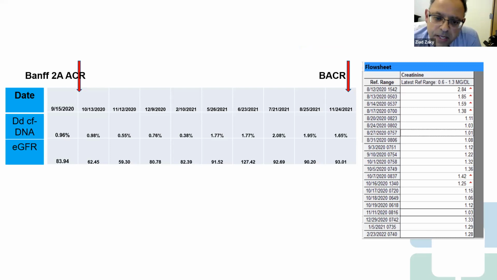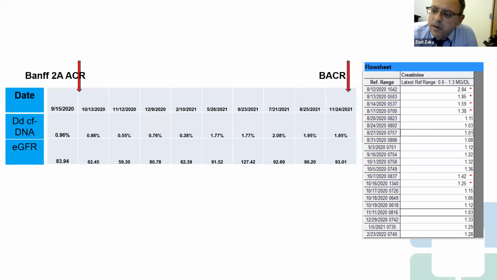I had to convince the patient that we needed to do a biopsy. He's a physician, he knows his creatinine is normal, and asked why he would do the biopsy. So I explained to him, okay, your cell-free DNA is high. In fact, he agreed to have the biopsy, which showed BAMF2A, ACR. He was treated. A year later, again, his GFR was 90, but his donor-derived cell-free DNA was high, more than 1%.